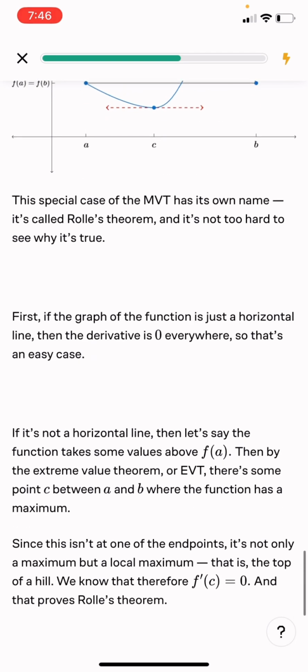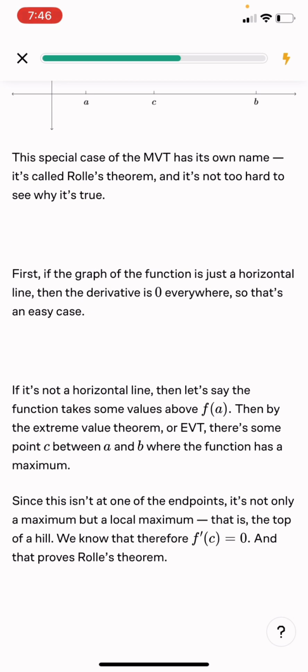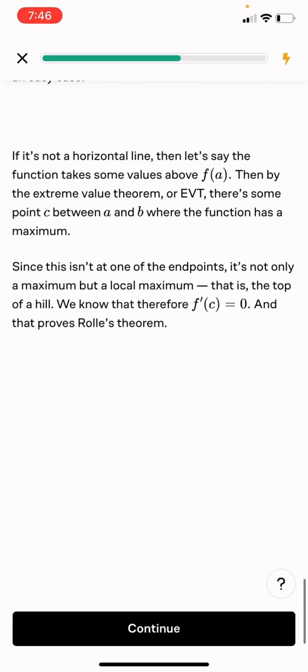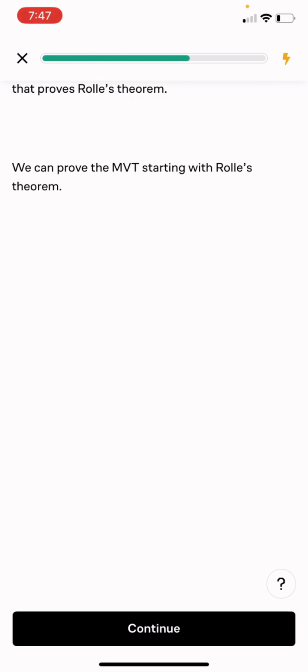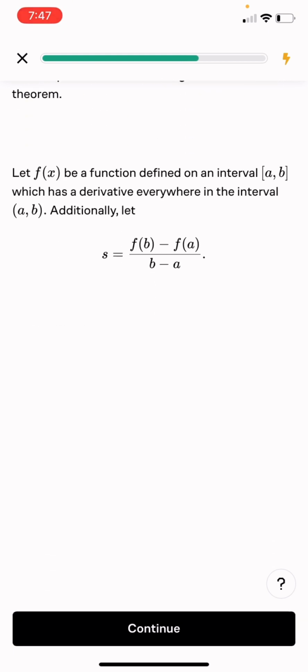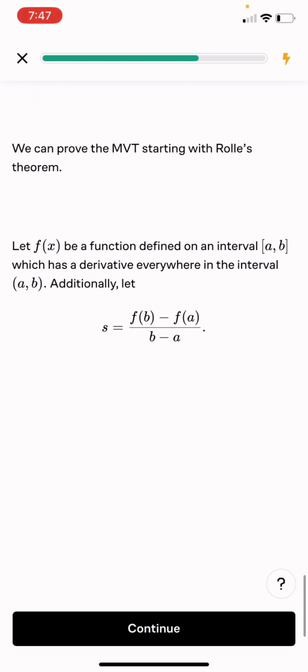We can prove the MVT starting with Rolle's theorem. Let f(x) be a function defined in the interval [a, b], which has a derivative everywhere in the interval (a, b). Additionally, let s equal (f(b) minus f(a)) over (b minus a). We need to construct a function g(x) satisfying these criteria: g(a) equals g(b), which equals 0, so they have to be equal, and g(x) equals f(x) minus s times x.